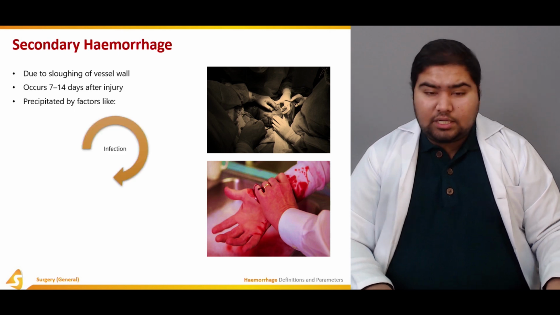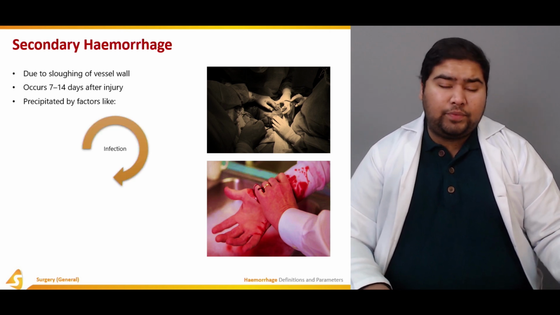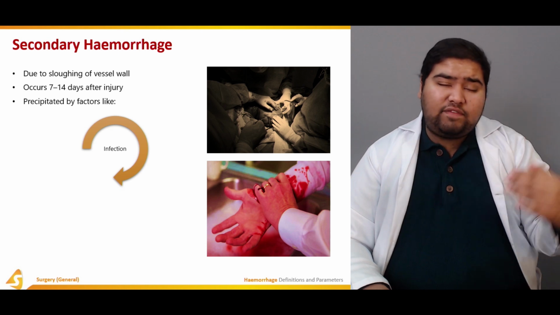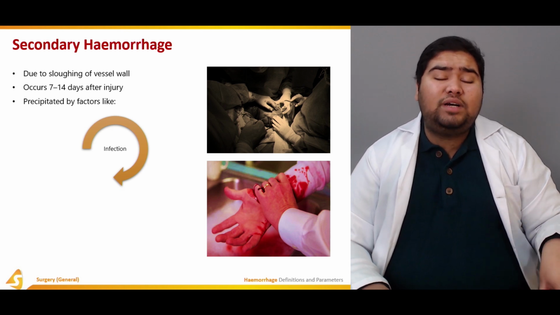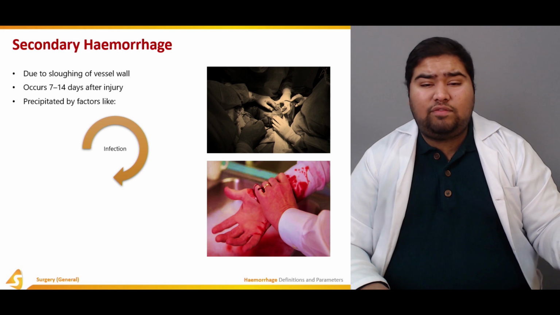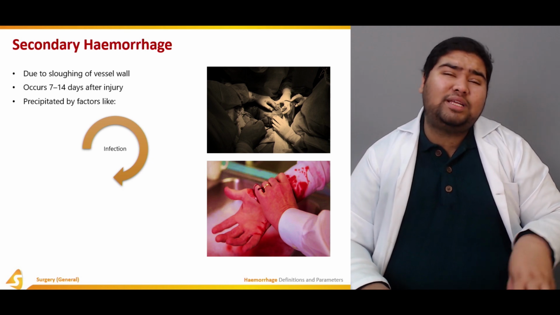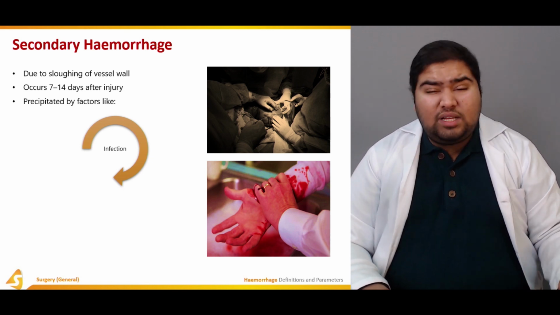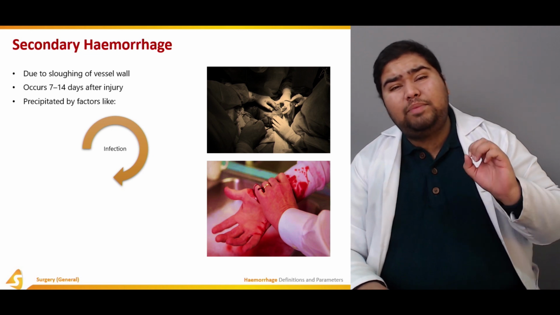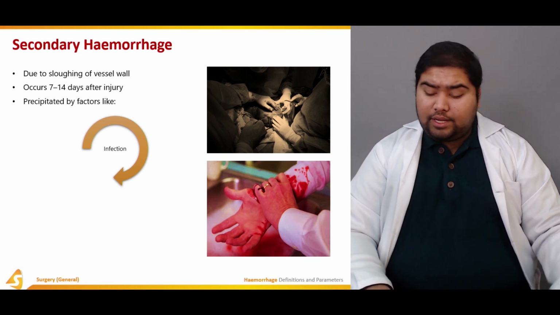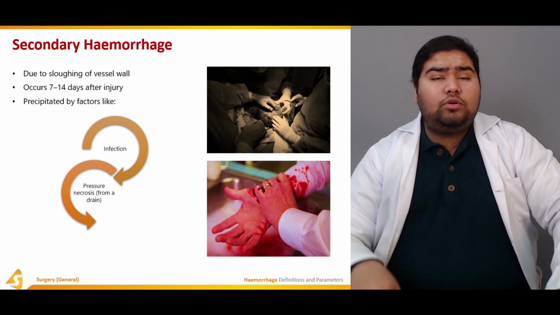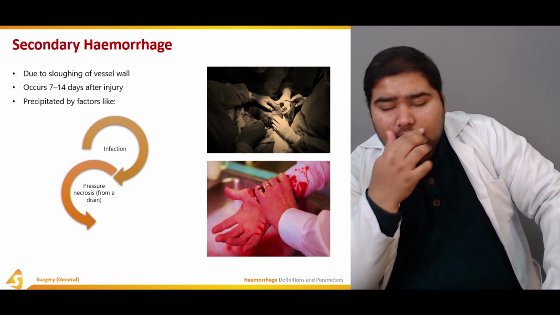It is precipitated by factors like infection. If there's infection in the area, it can further deteriorate the condition of a damaged vessel wall. It can destroy the vessel wall further. As a result, the vessel wall might be sloughed off and secondary hemorrhage might occur. It can also be due to pressure necrosis.